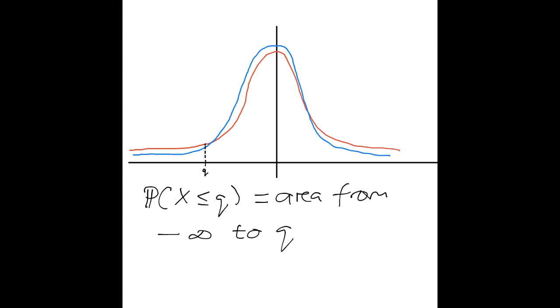In other words, the normal distribution must be given by the blue curve, where the area under the curve is smaller. The red curve therefore is the density function of the T3 distribution. As you can see, this illustrates that the left tail of the T3 distribution is heavier than the left tail of the normal distribution, because the area under the curve of the T3 distribution is bigger than the area under the normal distribution.